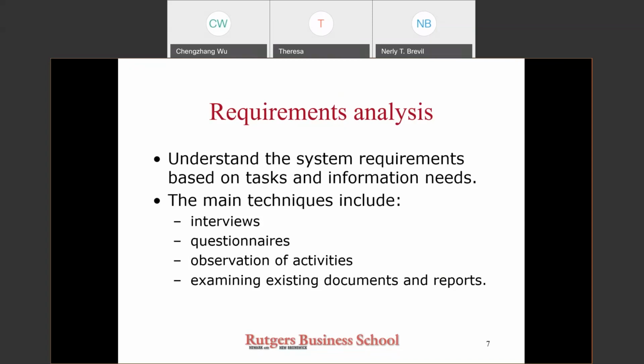The final technique involves examining the existing documents and reports. Like observation, this technique is relatively unbiased because the analyst is not relying on the user's description of what they do. Instead, the analyst relies on the contents of current documents.